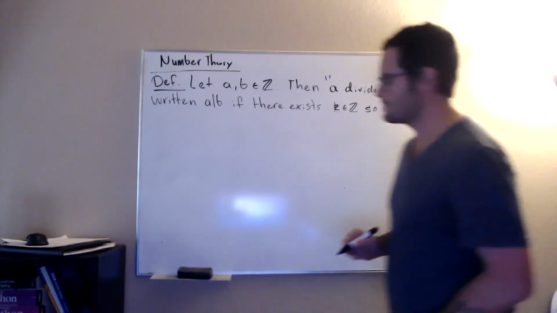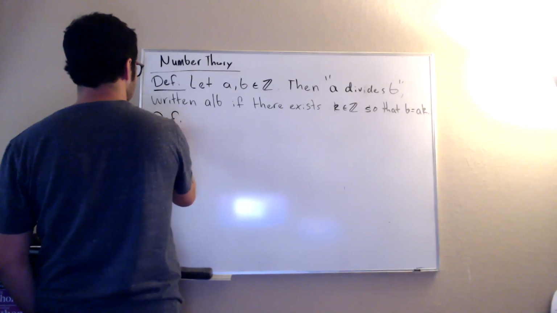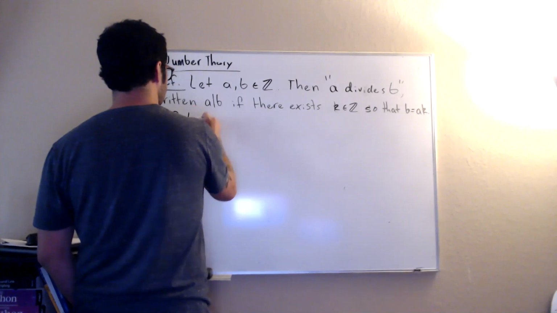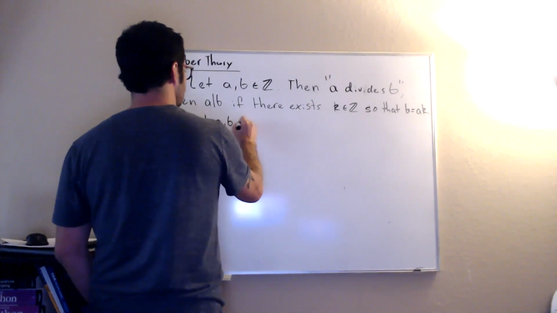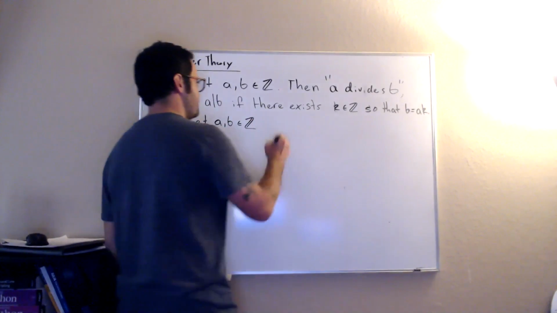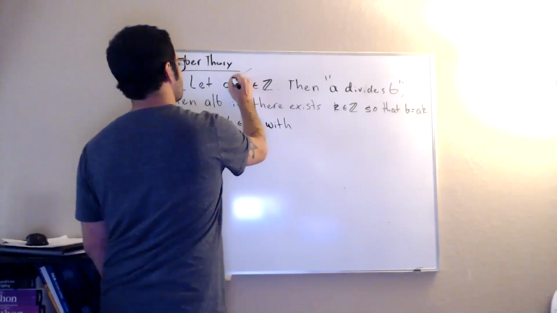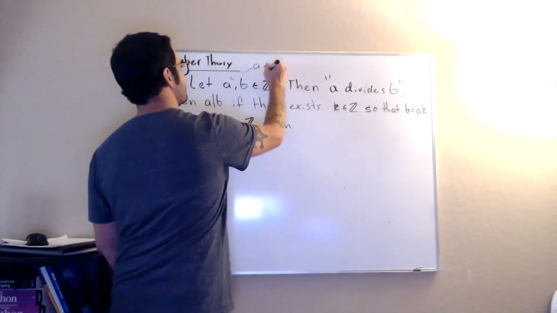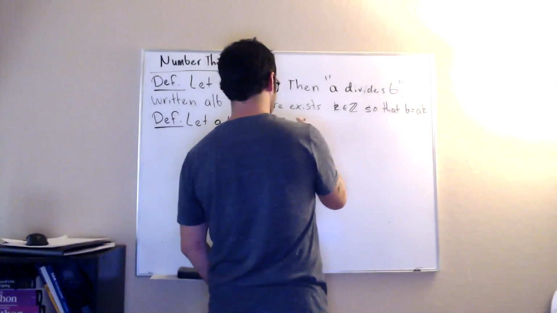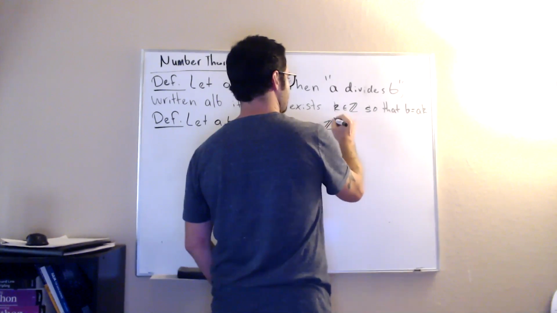Okay. Now, next definition, which relies on this definition. So let A and B be integers. Oh, by the way, you have to say A is non-zero. All right, so let A and B be integers with M being some positive integer.